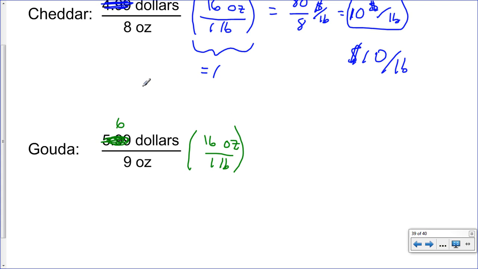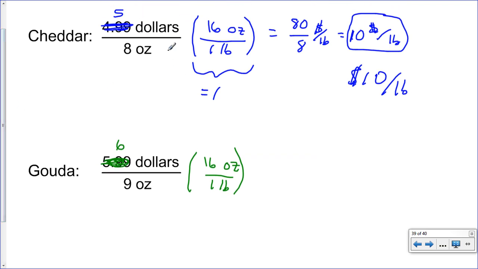What's happening here, I forgot to point this out. The reason that the ounces unit disappears is because these are ounces divided by ounces. The unit divided by itself is 1. It cancels itself out.